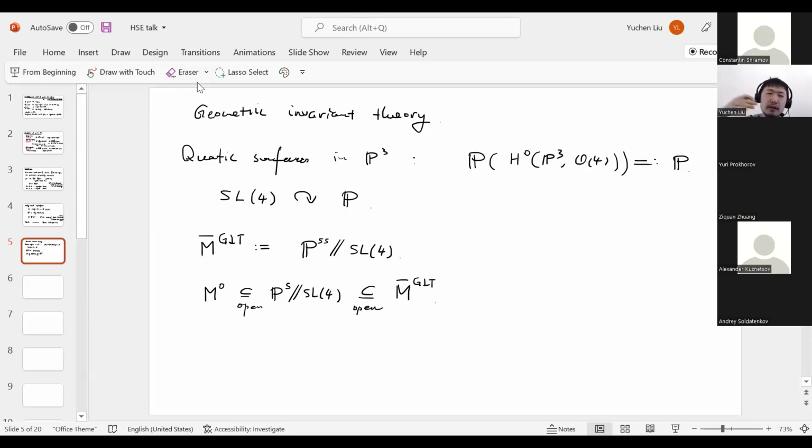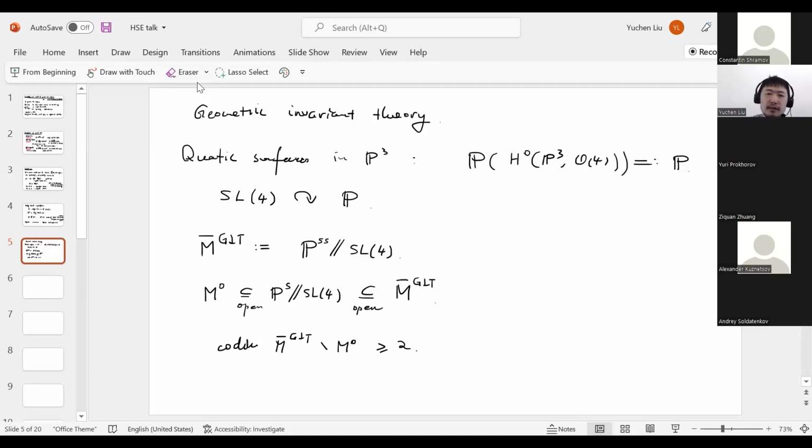So at the boundary, it will be high codimension. This is easy to see because I allow ADE singularities in M naught, so the codimension will be at least 2, and actually it's way bigger than 2.